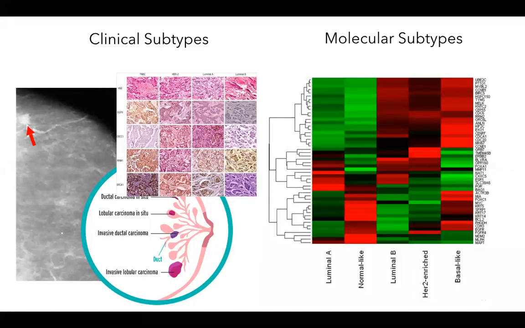So they act as a kind of control to see whether this panel worked or not. Because if it works, then the expression of those housekeeping genes will stay normal in all the cases, with no differential expression in those genes. So this is molecular subtyping to understand breast cancer.